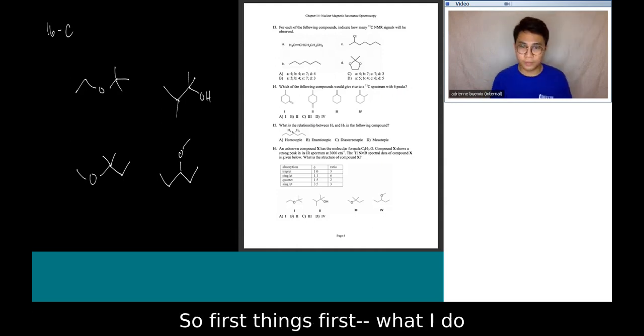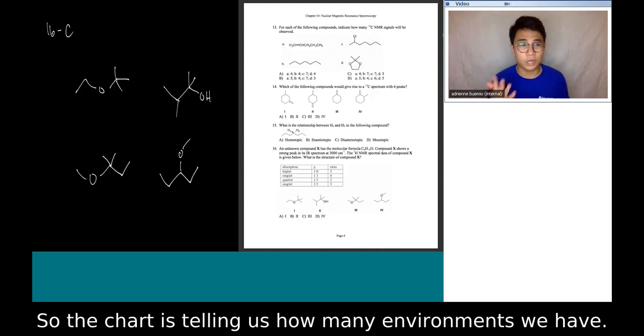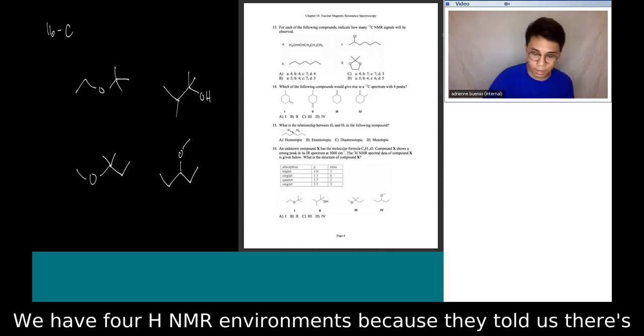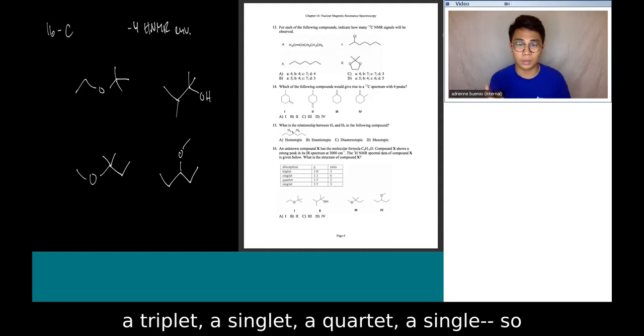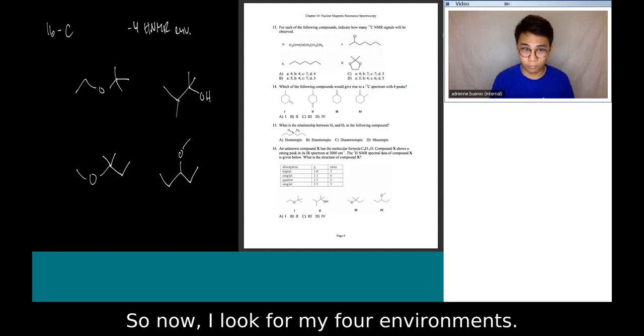So first things first, what I do is find how many environments there are. The chart is telling us how many environments we have. We have 4 HNMR environments, right? Because they told us there's a triplet, a singlet, a quartet, a singlet. So 4 environments. So now I look for my 4 environments.